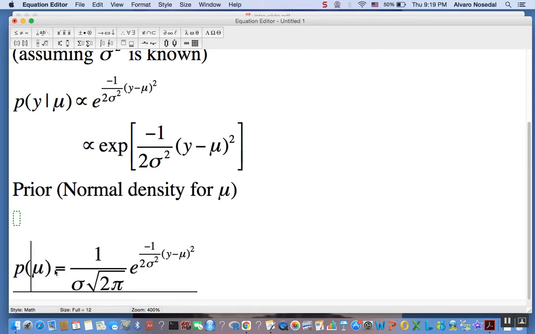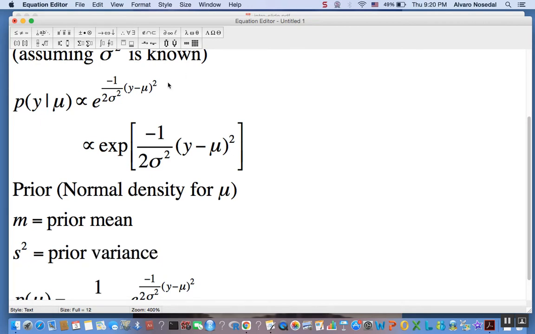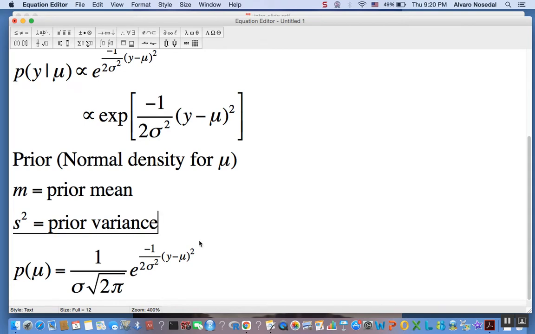In this case, that's a parameter of interest, and then m will be our prior mean, and s will represent, if you want, we could use s or s squared. If we use s squared, this would represent the prior variance, and then s would be the prior standard deviation. Okay, so the normalizing constant would look like this.